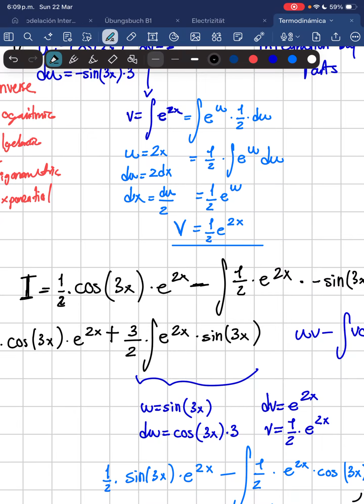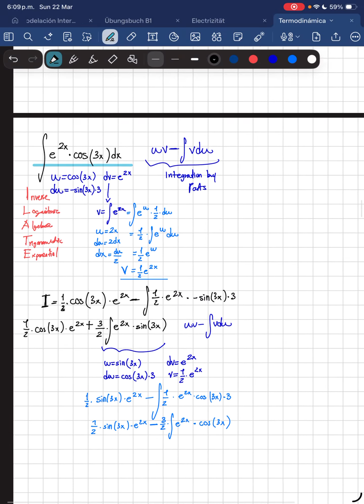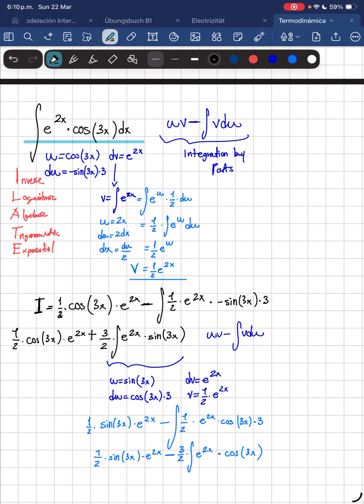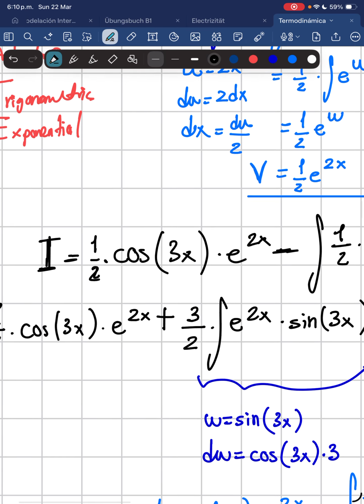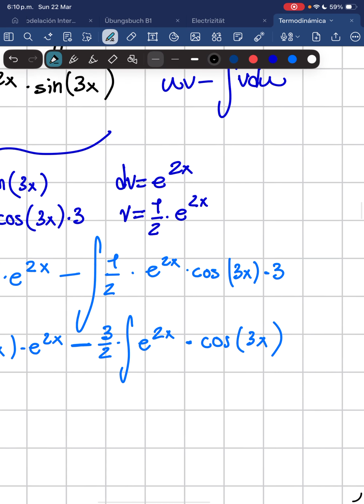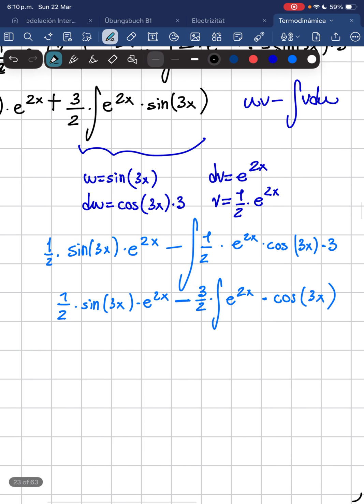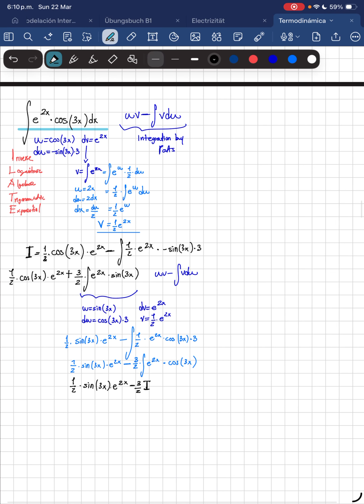This time I'm gonna name it capital I. So once we got this established as this variable, we're gonna substitute this minus 3/2 I, which, if you guys analyze it algebraically, you can see that it's exactly the same.